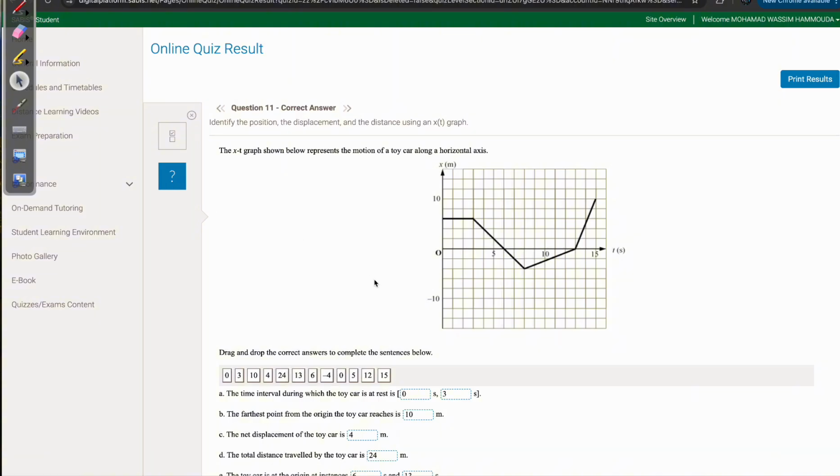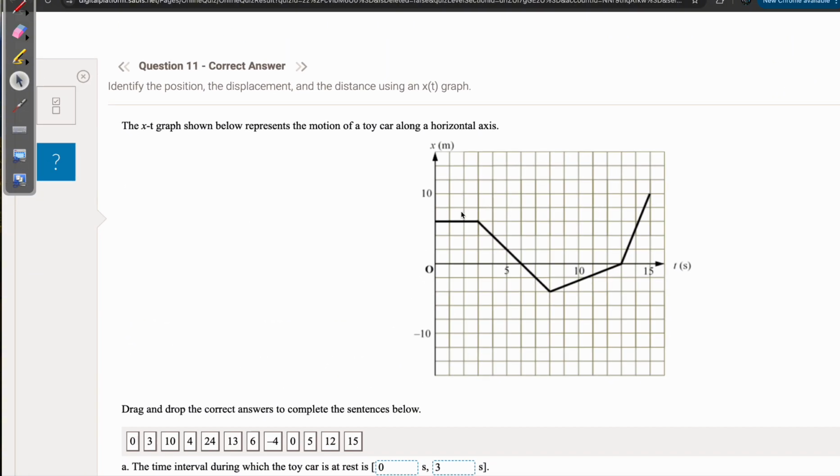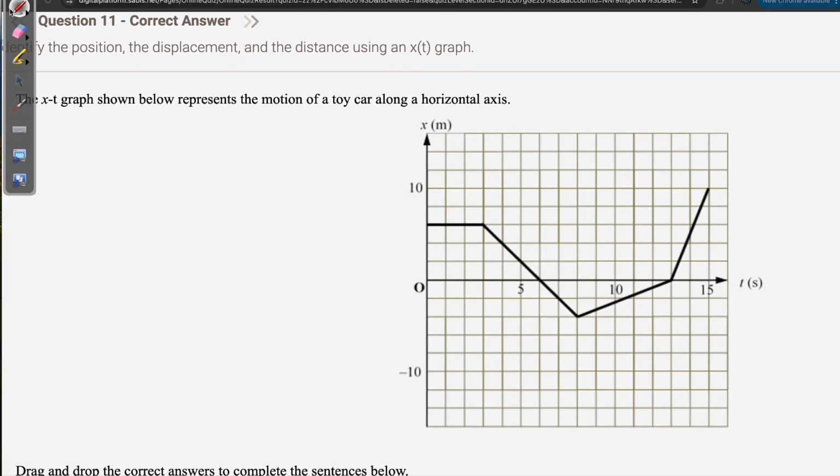The time interval in which the toy car is at rest. When the toy car is at rest, that means the position is not changing. So rest in the xt graph is equal to horizontal.